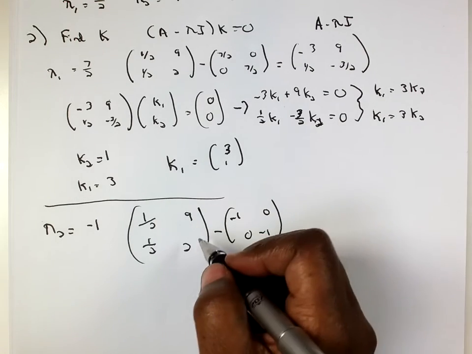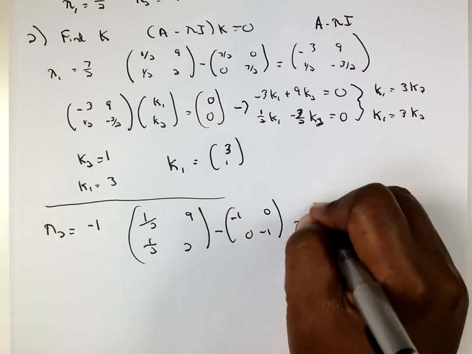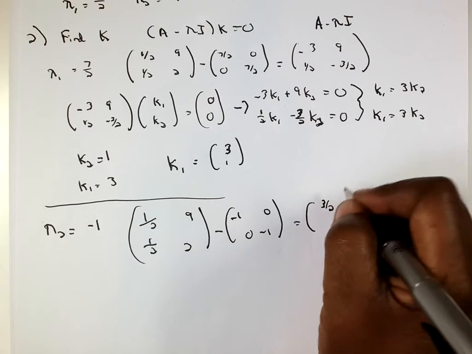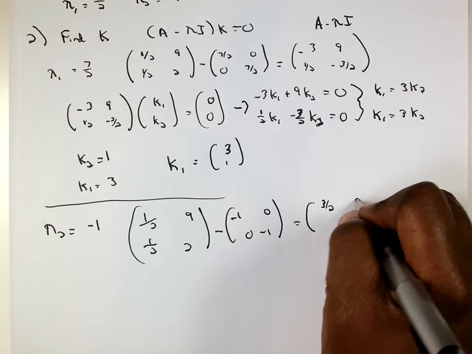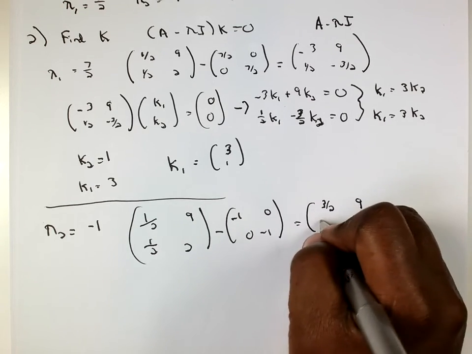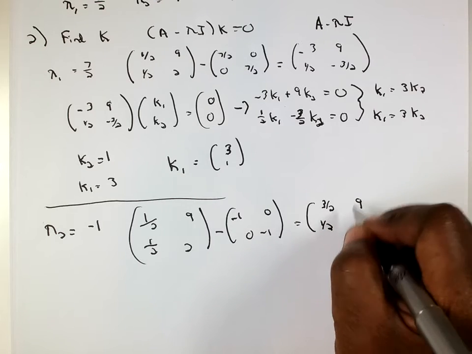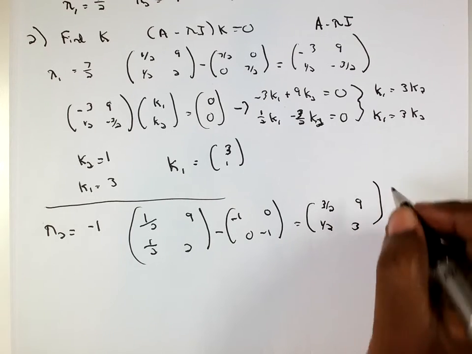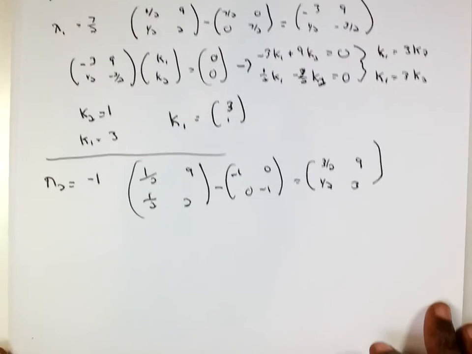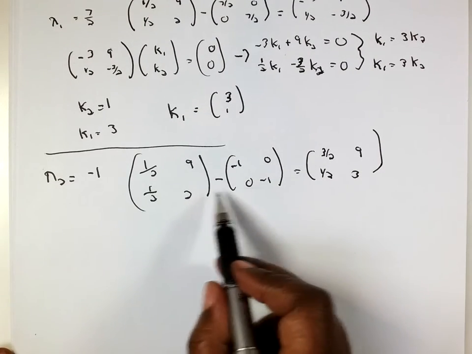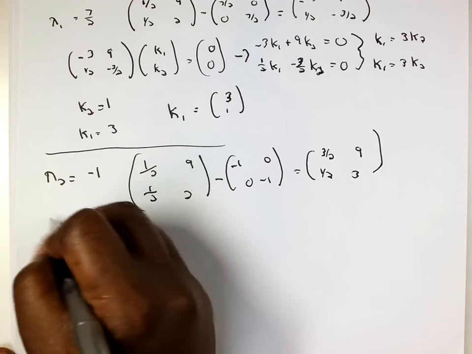So I have 1/2 minus negative 1, which gives me 3/2. 9 minus 0, and then 1/2, and then 2 minus negative 1 gives me 3. So this is my A minus lambda I.